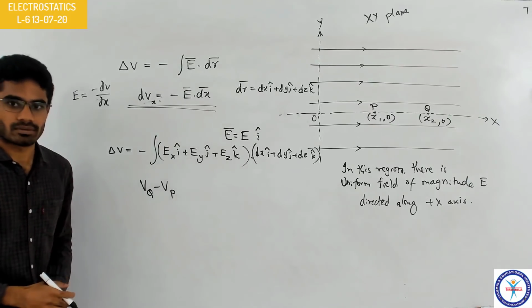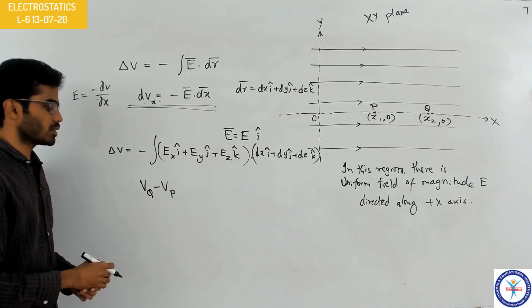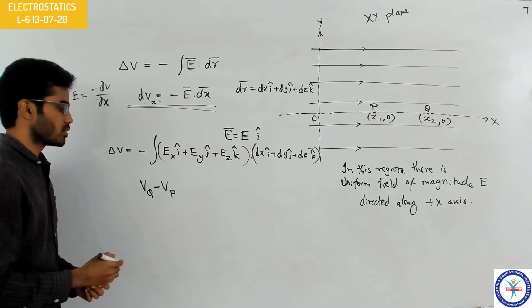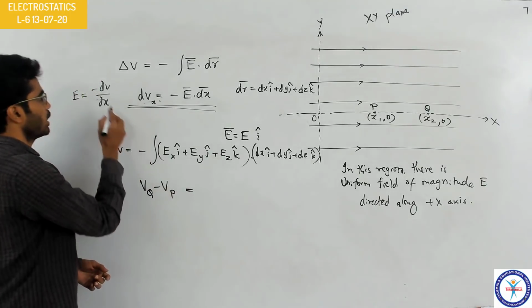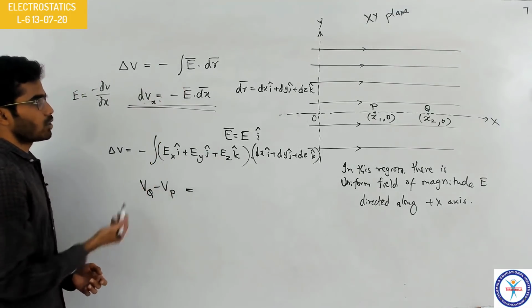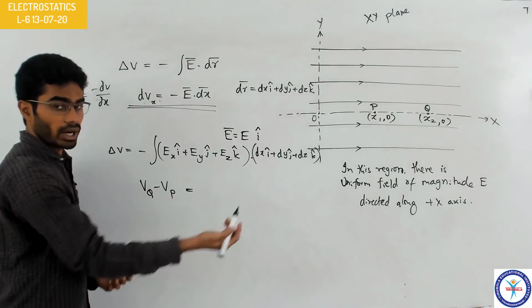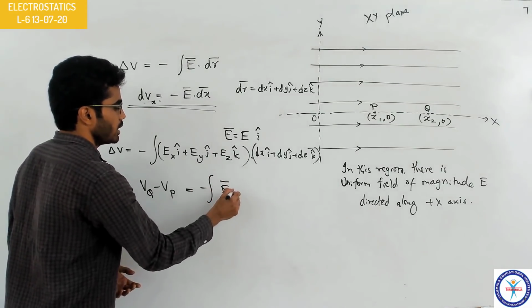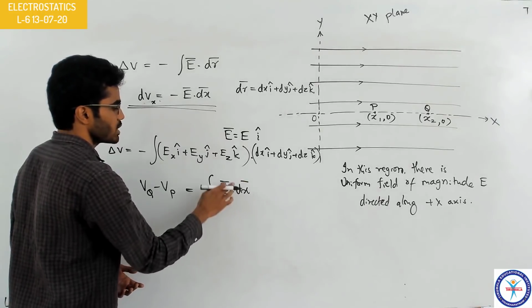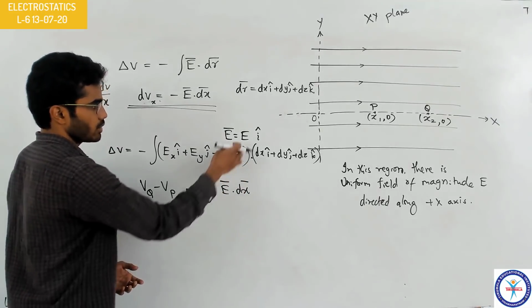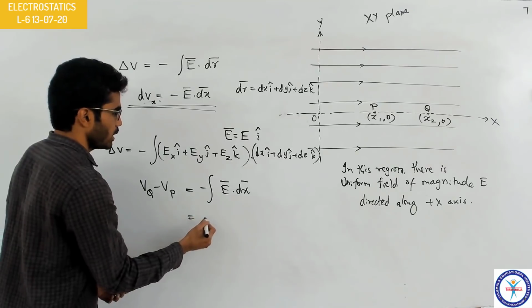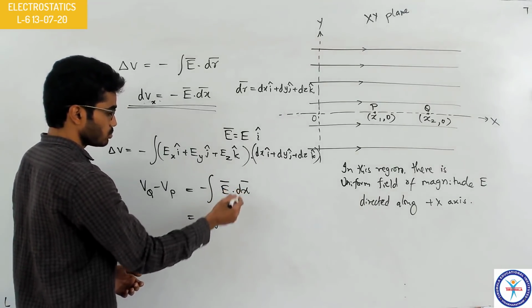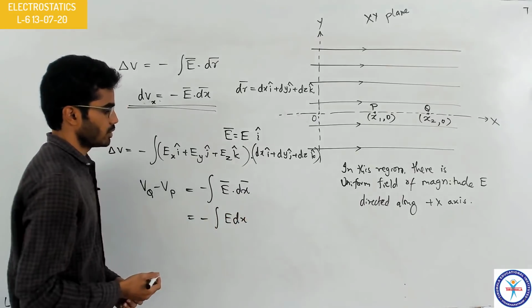So how do you do this? This is the final point, this is the initial point. This is nothing but delta V equals minus integral E dot dx. So in one dimension, this is the negative integral of E bar dot dx bar, and the field is along the i direction here, so this will be minus integral E dx.